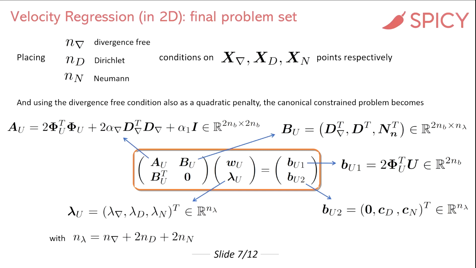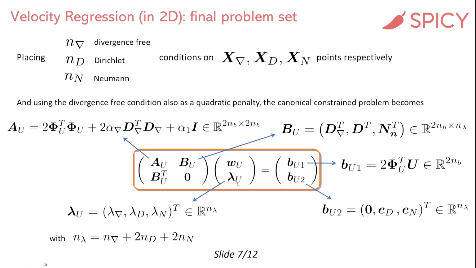Now, in the blocks A, we will have the usual covariance of the bases. This is something that we can compute quite easily once we have the bases. Then we have two penalties. If you don't remember what penalties are, please have a look at the previous video. One penalty is on the divergence-free condition, which has been introduced as the norm square of the residual of the divergence, and the other is the Tikhonov regularization, which we always had for numerical stability.